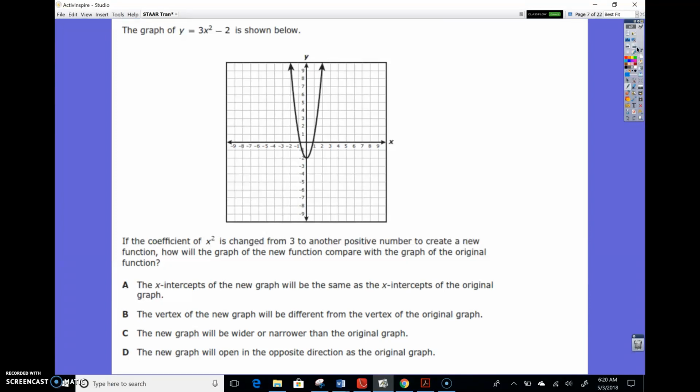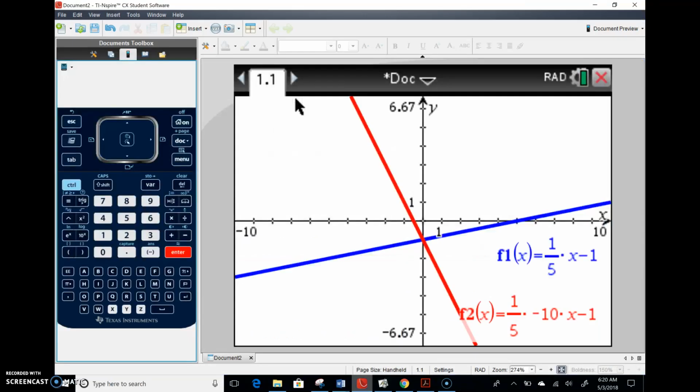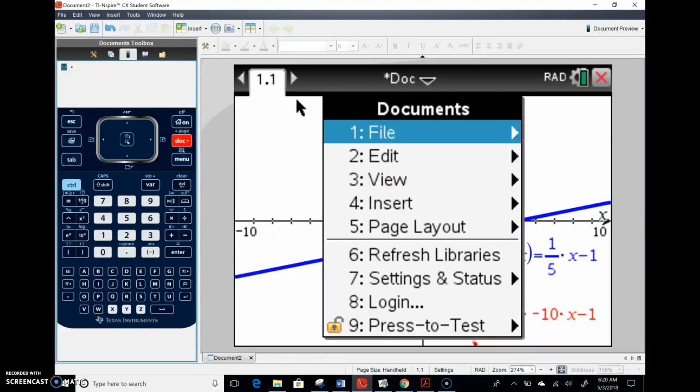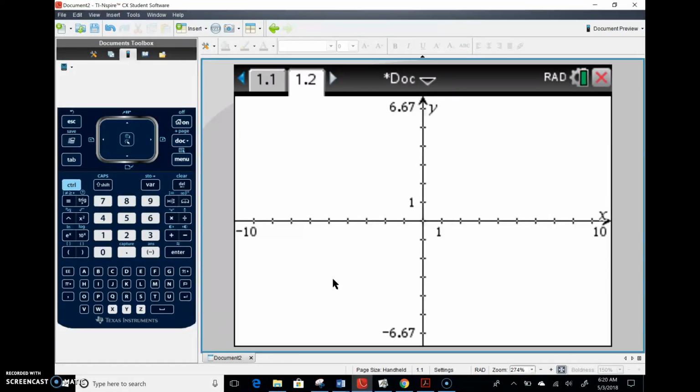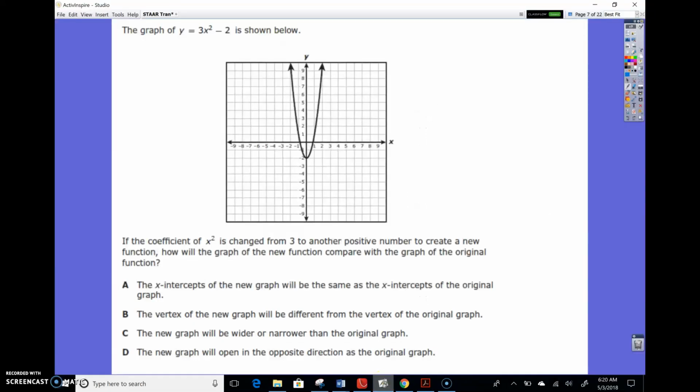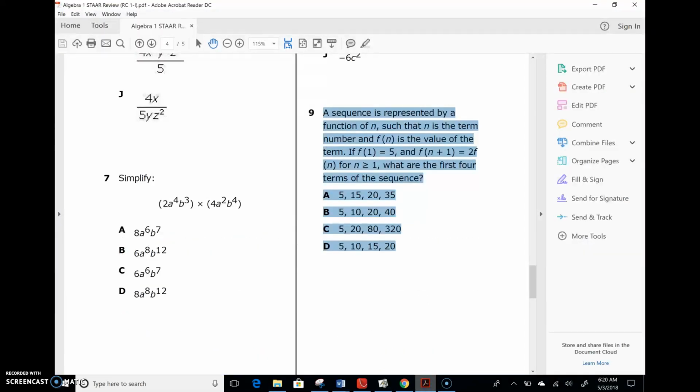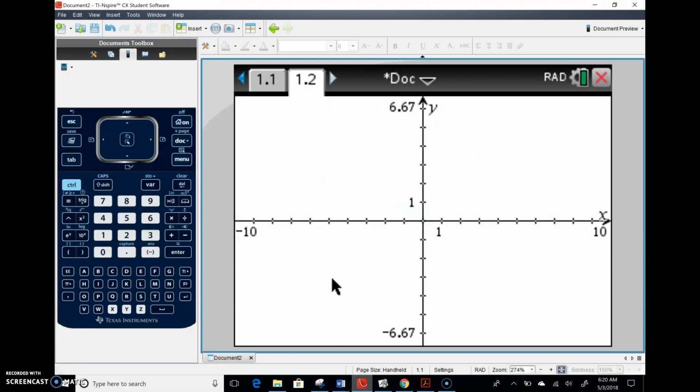You can choose any positive number you want.